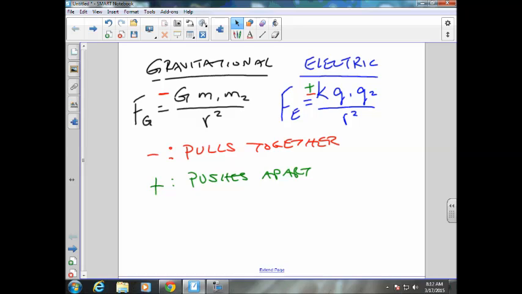So let's take this one step farther. If we talk about a gravitational force near the surface of the Earth, then we would talk about the mass of an object near the surface of the Earth and the acceleration of gravity near the surface of the Earth.